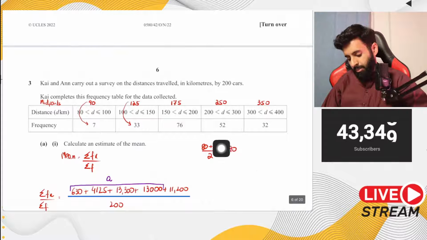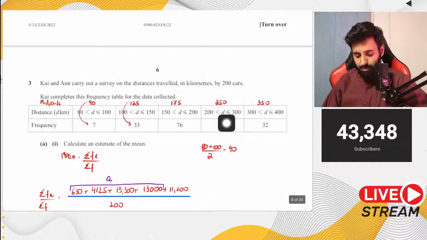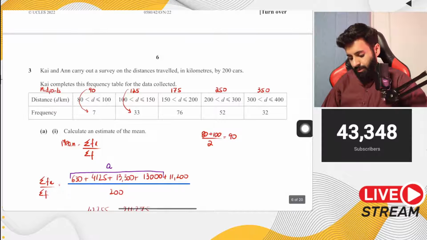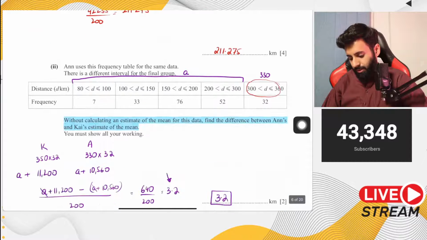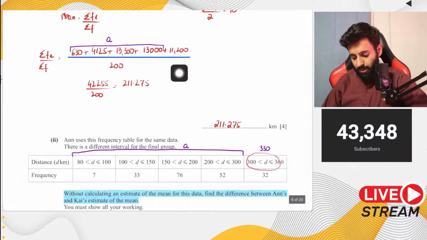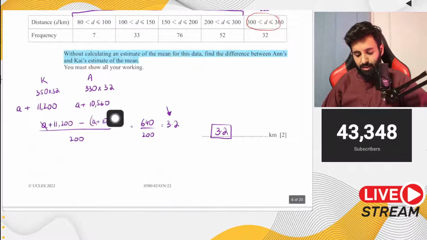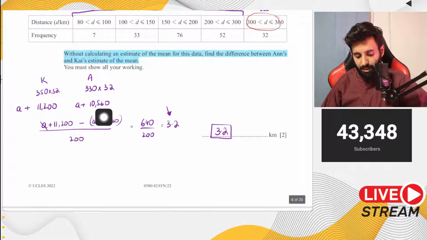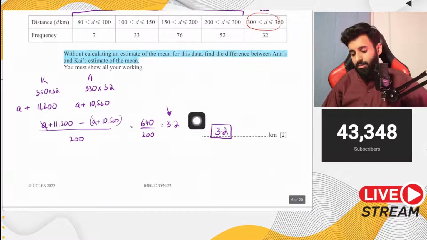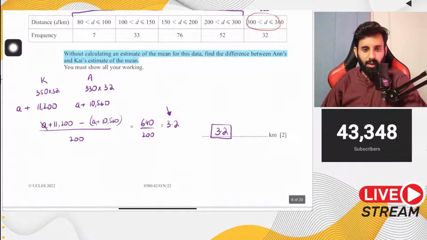So the sum of all the values up until here from 80 to 300 will be the same. However, there will be a difference in the product of the last value. In this case, that was 11,200. In this case, it's 10,560. And that's what's causing all the difference. So we subtract the two, divide by 200, and here we have the difference in the mean. And that's it. That's your answer.